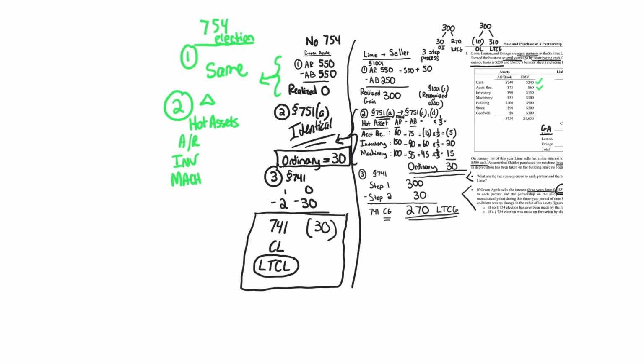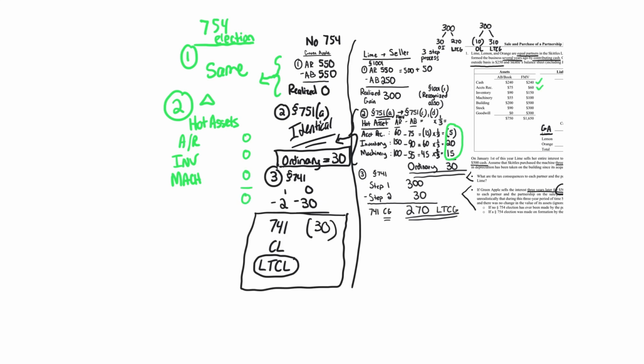Remember we had Lime's portion? That was this -5, 20, and 15. Because no transactions have occurred in those 3 years, that's the same amount that was attributable from Lime to Green Apple, and there'd be 0. It'd be 0, 0, and 0. And that brings it to 0.